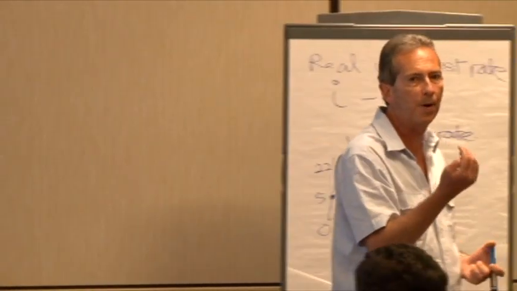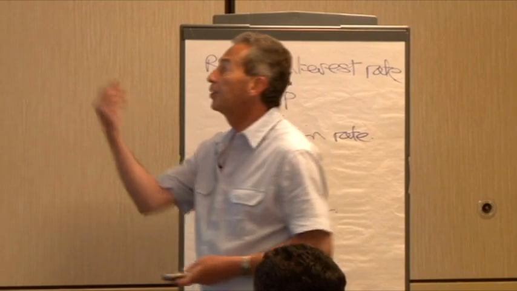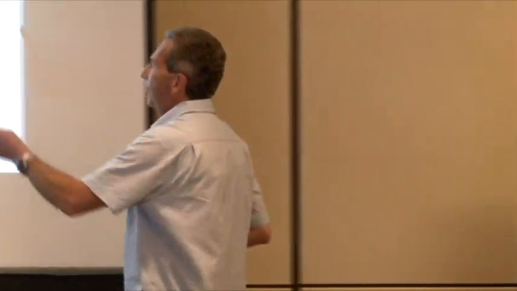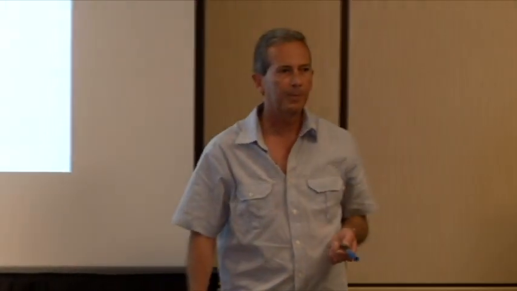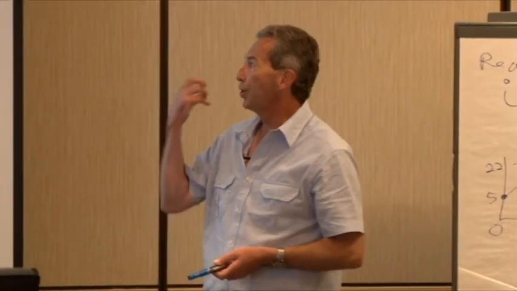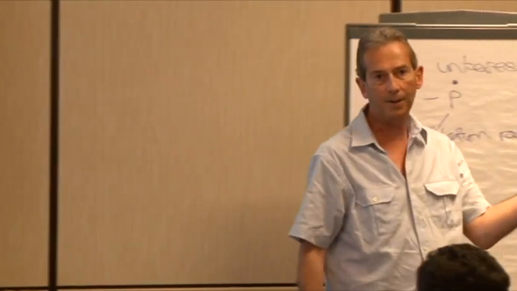And what you can see is that gradually, as the number of stocks in the portfolio increases, risk begins to decline, but only down to some particular level. So the notion is you can reduce this risk, but you cannot completely get rid of it.